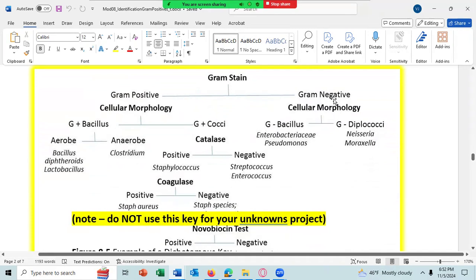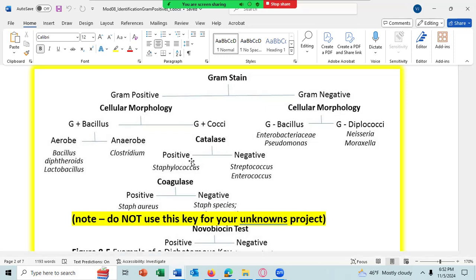We're going to cross out the gram negative and only look at the gram positive. We have gram positive bacillus and gram positive cocci. We cross out the bacillus and only look at the gram positive cocci. We then have catalase positive and catalase negative gram positive cocci. We cross out the catalase negative and only look at the catalase positive. The catalase positive are members of the Staphylococcus family.